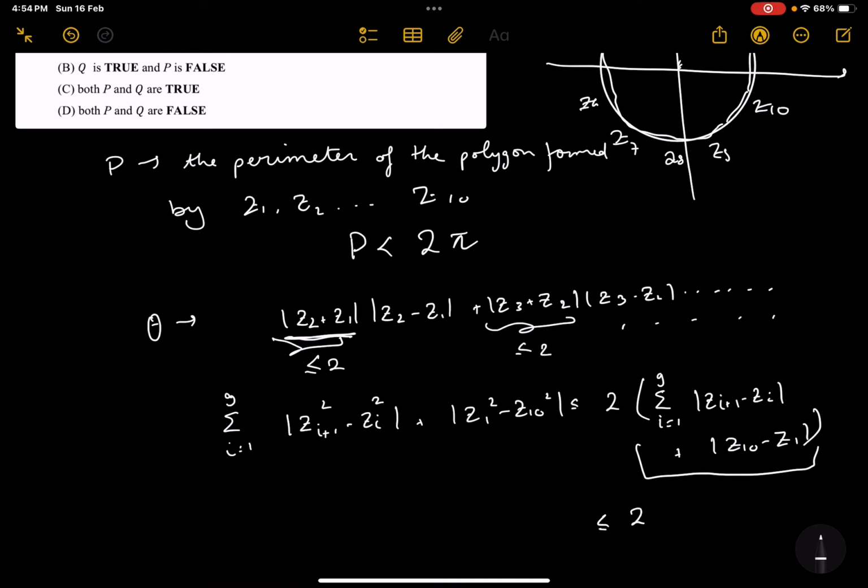So this thing is less than 2 times 2 pi, which is 4 pi.